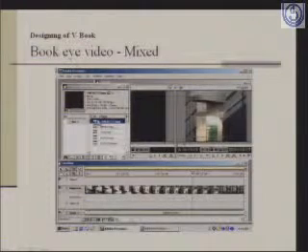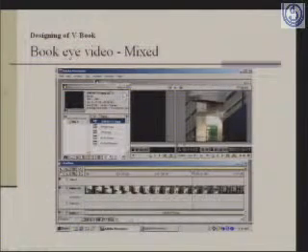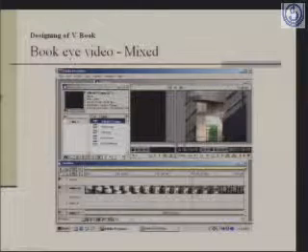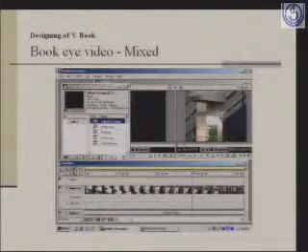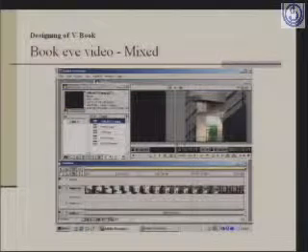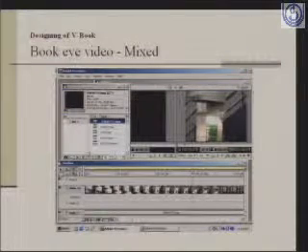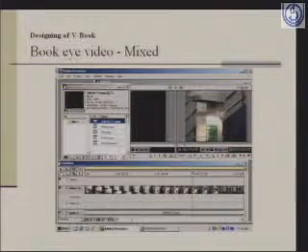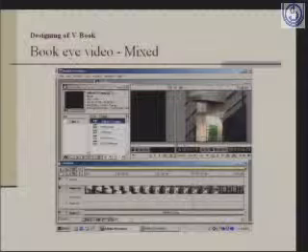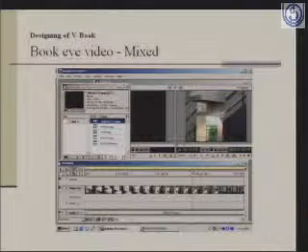So these are some of the options that one can look into while thinking about how the video edit can be done. Now once your video is finally edited and your script is ready, you can merge these two together.